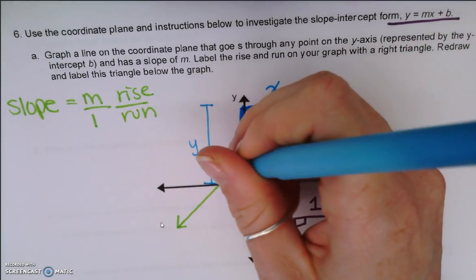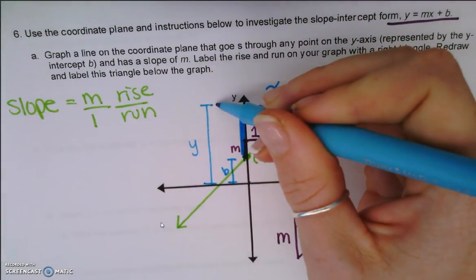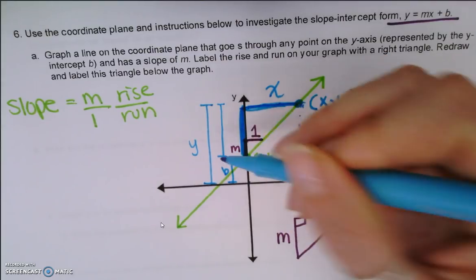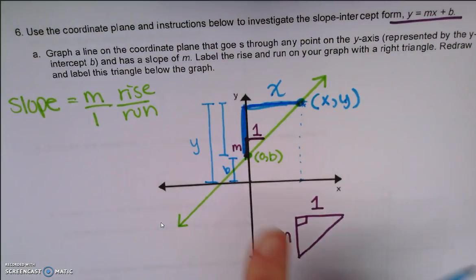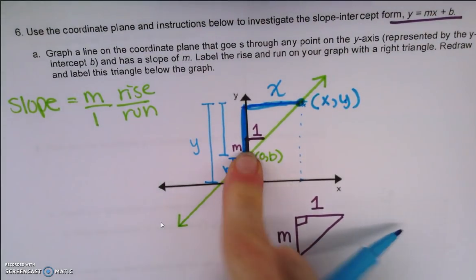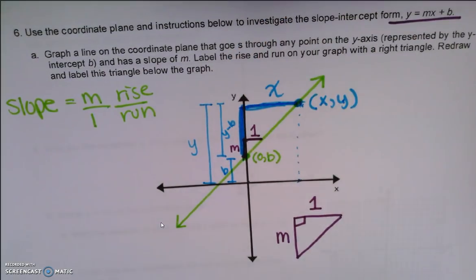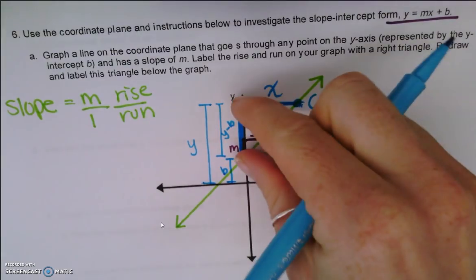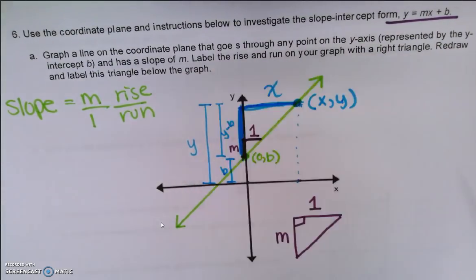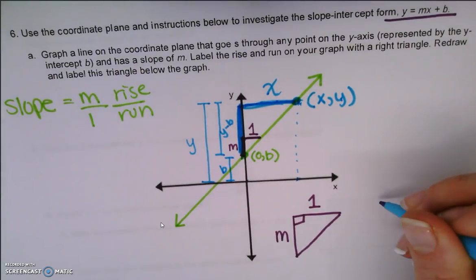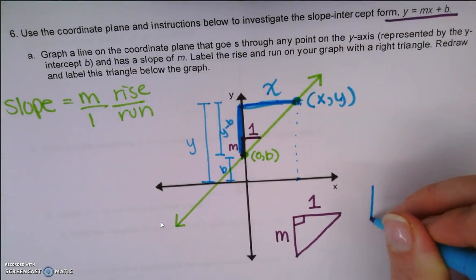Oh, that's just b. And I need to find from here to here. So I need to take that y amount and I need to chop off the b amount. y minus b. Remember, it's y minus b because we still have a distance. If we did b minus y, we'd end up with a negative value, and we can't have a negative value for the length of our triangle.